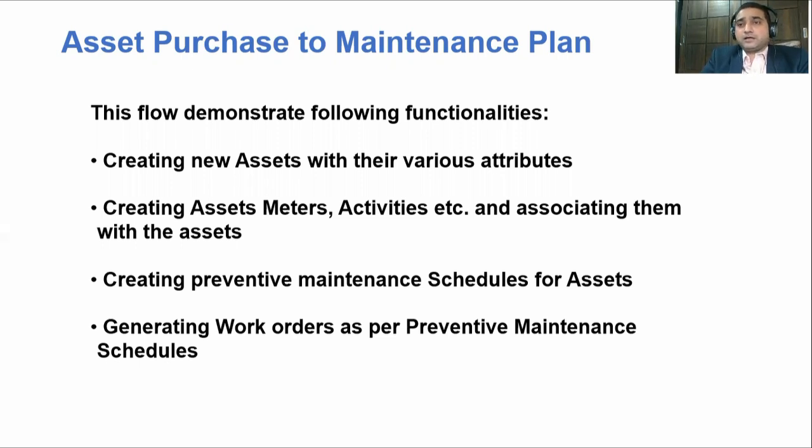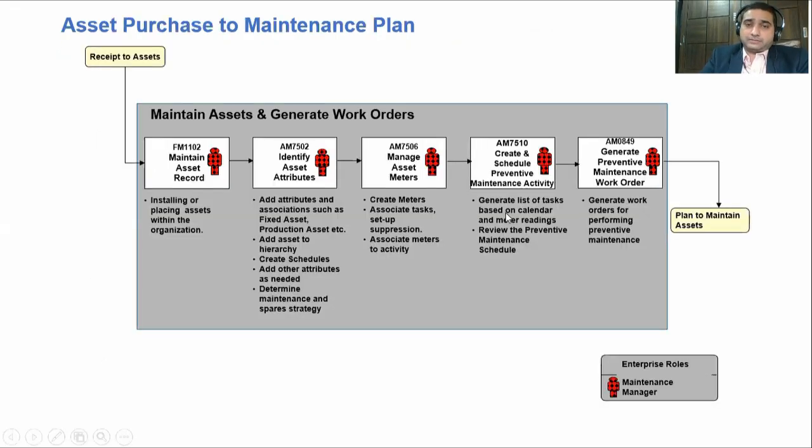And if we see its process flow, it will look like this. The input to this particular flow will come from receipt to asset, where you will purchase the asset.